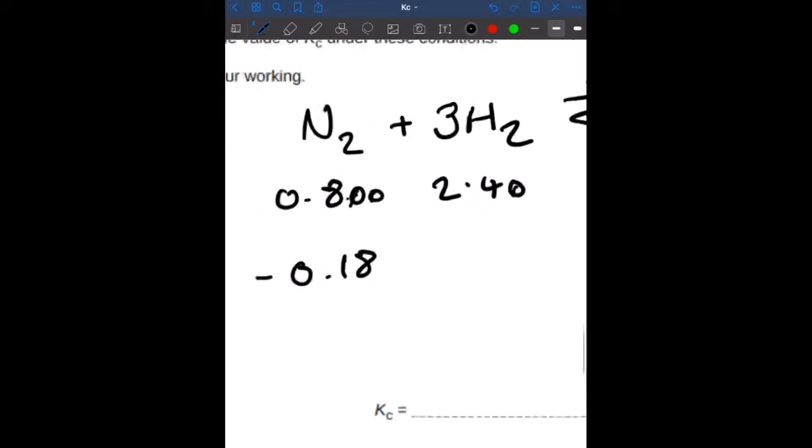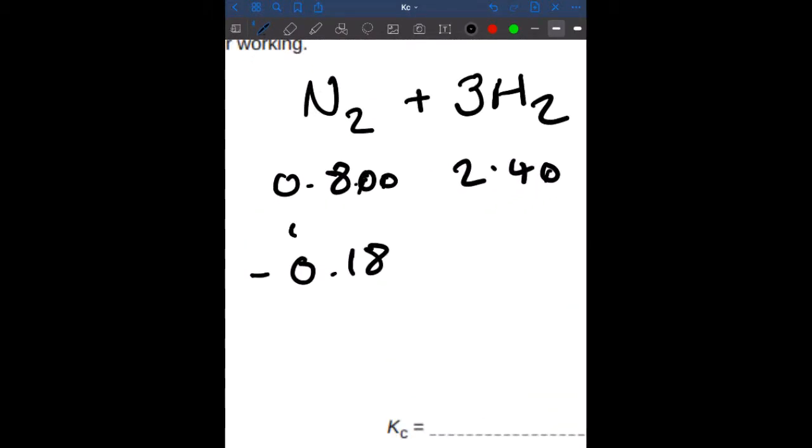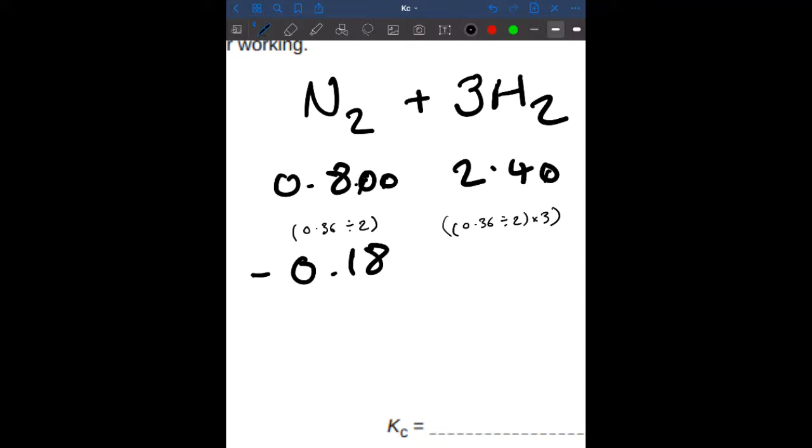Or in other words, 0.36 divided by 2. Over here, hydrogen will have gone down by 0.36 divided by 2 times 3, which would give us a value of minus 0.540.